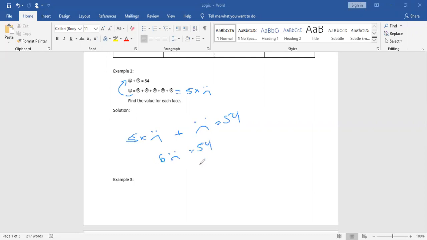And this is a multiplication, so we divide. So this means that frown equals 54 divided by 6, which is 9. So we have frown. And we can plug frown back into here to see that smile equals 5 times 9, which is 45. And it's really just an algebra problem, is what it boils down to.